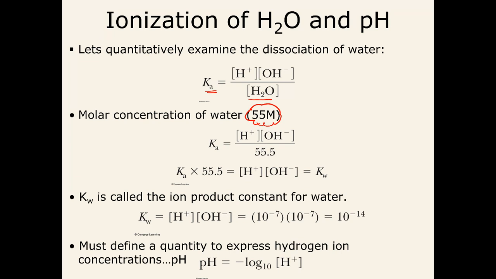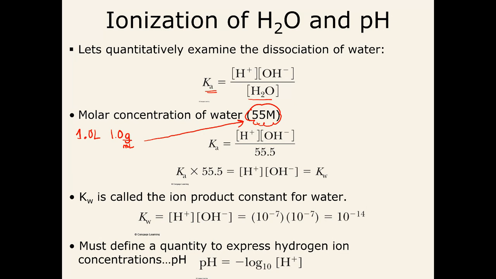So where does that 55 come from? If I take 1 liter of water and I know its density, which is 1 gram per mL, we could do some calculating and convert that to molarity. And we'd end up with 55 molar. I won't go through the calculation because you don't need to know it.